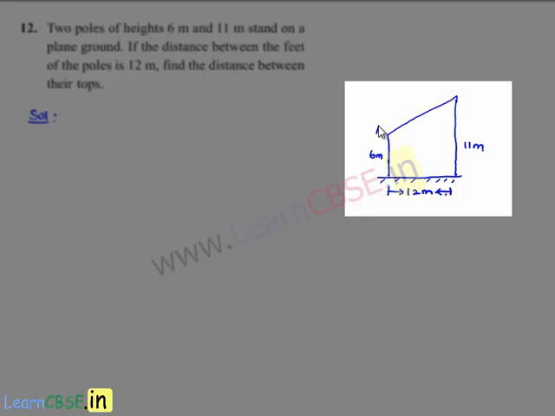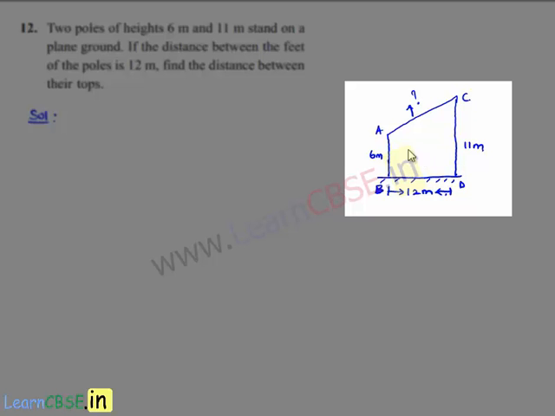Let us assume that AB be the first pole and CD be the second pole and BD be the distance between the poles. Then he asked us to find the value of AC, that is the distance between the tops.